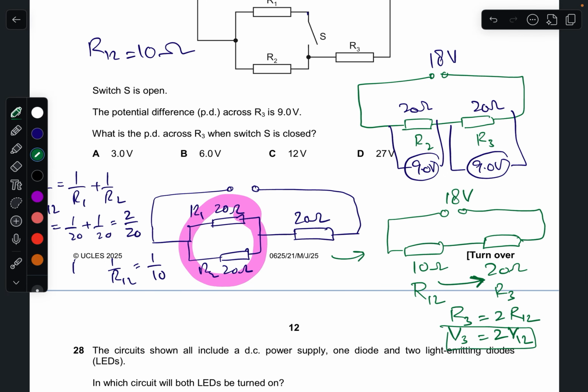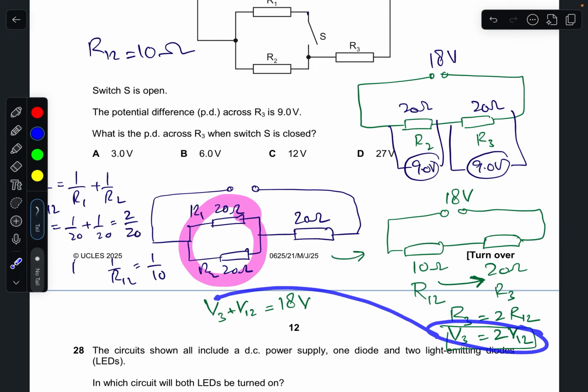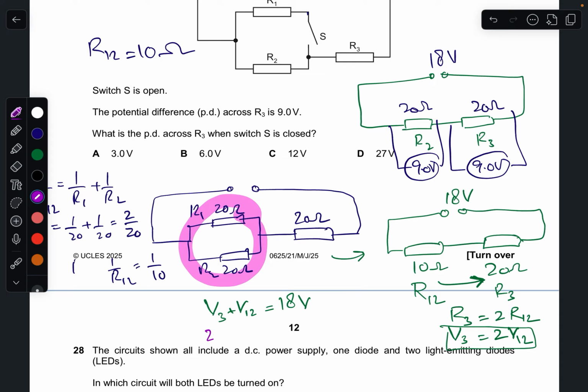Also, V3 plus V12 should equal the total EMF, that is 18 V. Putting the value in, 2V12 plus V12 equals 18 V, so 3V12 equals 18 V, so V12 is 6 V. So R3 will have 12 V simply. So it's option C that is correct.